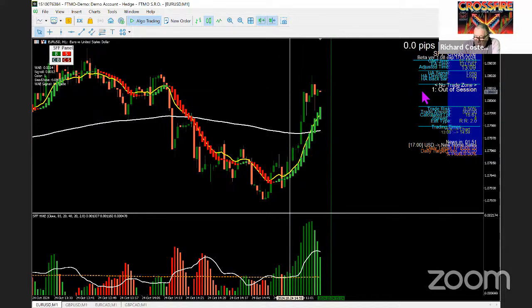It's currently saying out of session because it waits until that 15-minute last 1 minute candle is closed, and then it goes to trend lines, and then it'll say looking for a trade. So we're currently out of session, waiting for this first 15 minutes to elapse.